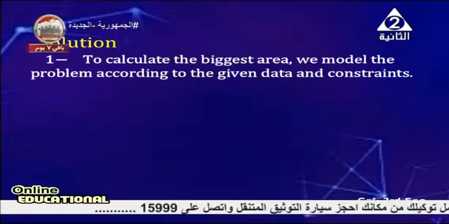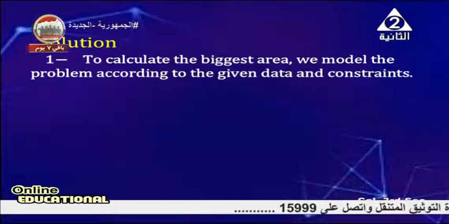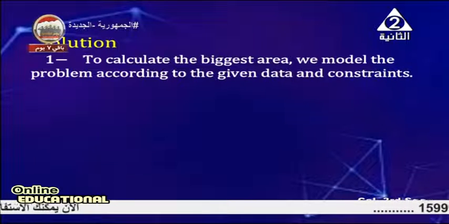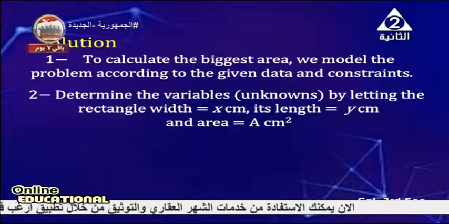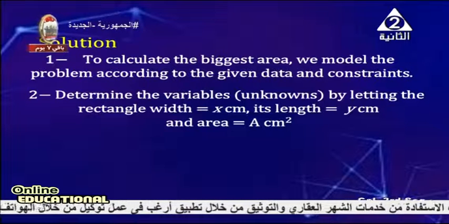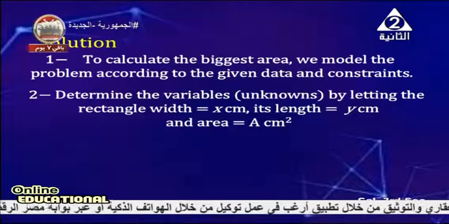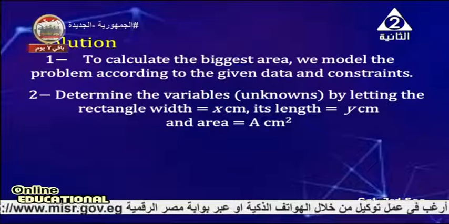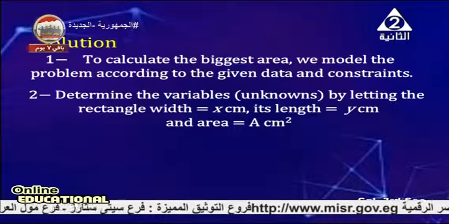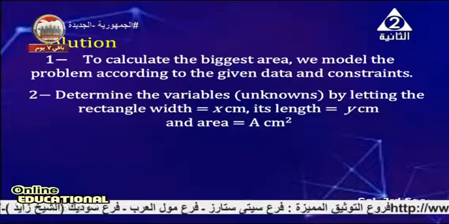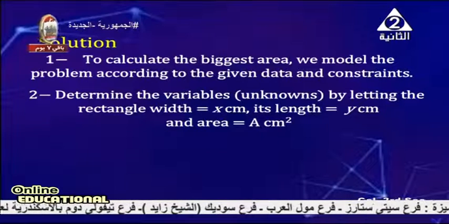Now, to calculate the biggest area, we model the problem according to the given data and constraints. Determine the variables or the unknowns by letting the rectangle width be x centimeters and its length equal y centimeters, and the area of the rectangle equal A centimeters squared.